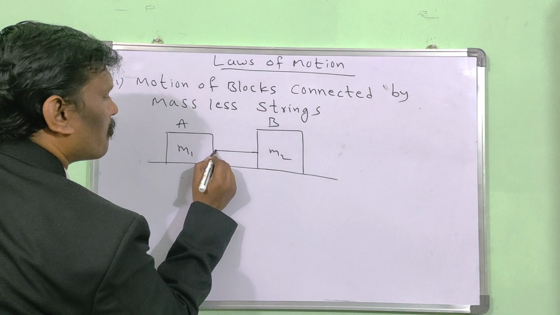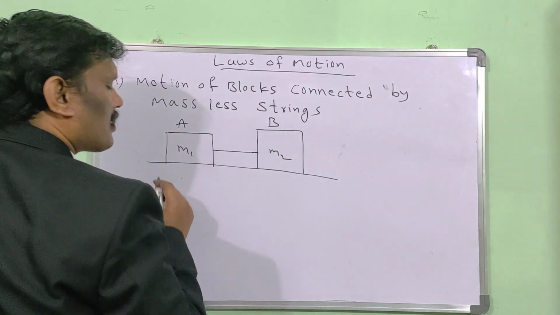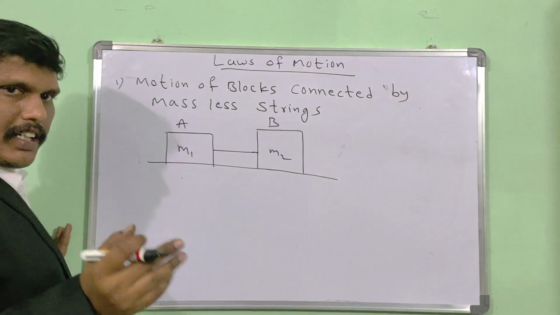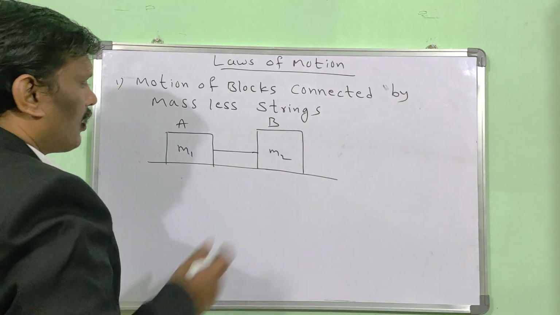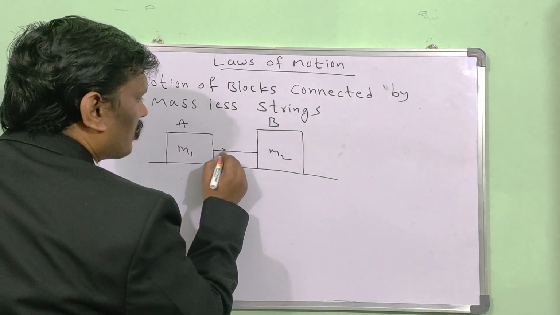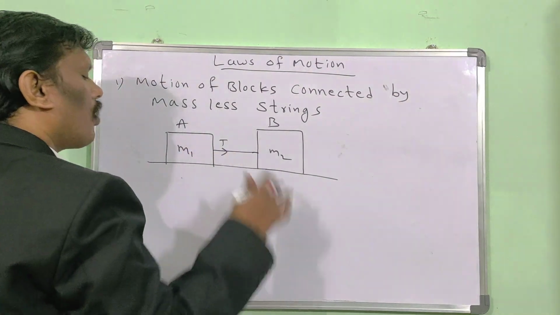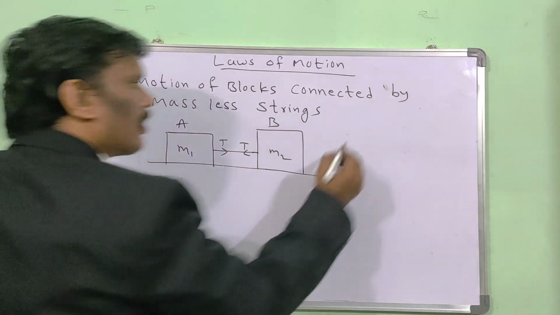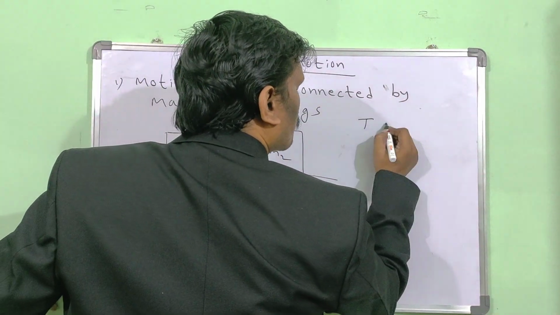This is a massless string. If it is a massless string, tension is the same at all points throughout the string. That's why the string pulls M1 with tension T and pulls M2 with tension T, because tension is the same at all points.